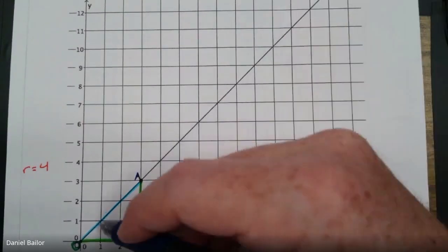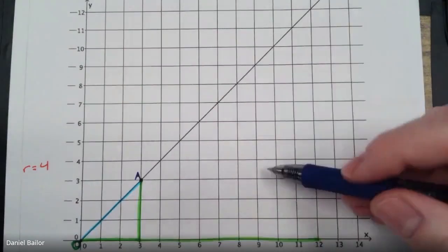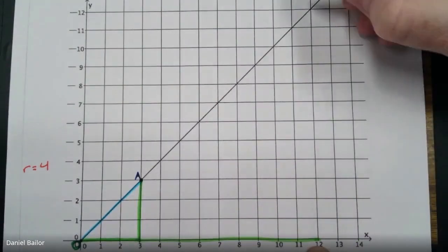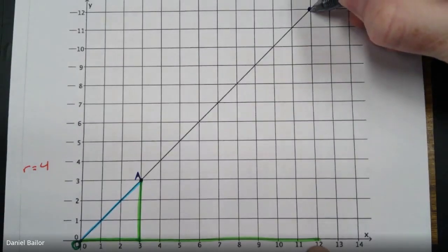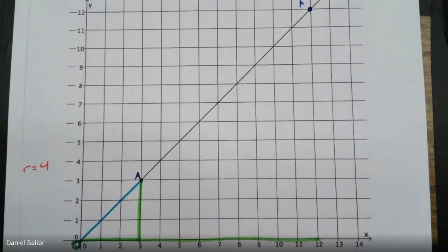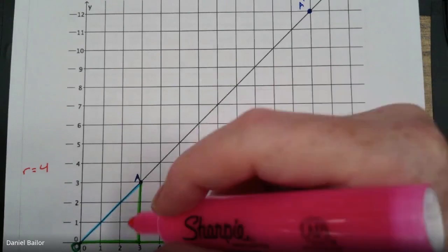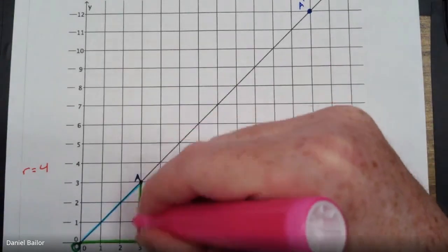Remember, this line tells me the direction. So I go where 12 hits the right direction. So that is A prime right there. That was much easier than doing 4.3 times 4. I just did 3 times 4. And it works if you also measure up too. Let's say if I wanted to measure the red.